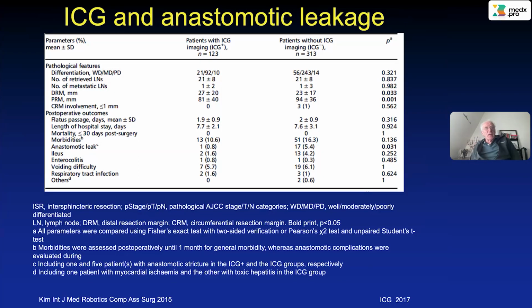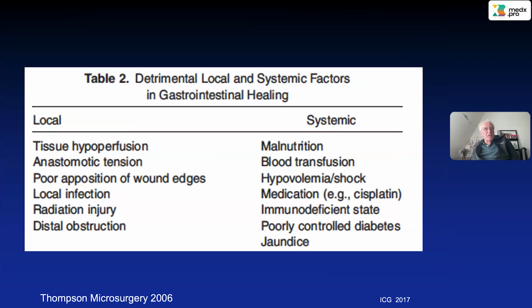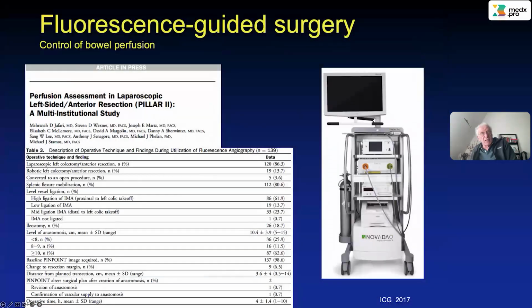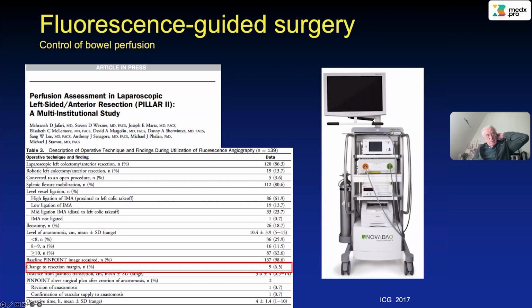So there's adequate information out there saying that ICG reduces the risk of leak. What is very interesting, however, is a study that I'm going to show you in a few minutes that was just published by Wexner, saying that if there is a leak, it's not 100% sure that if you repair the leak after ICG, that you're not going to have a leak. This is the PILLAR 2 study that was performed in the United States by Mike Stamos and his group.